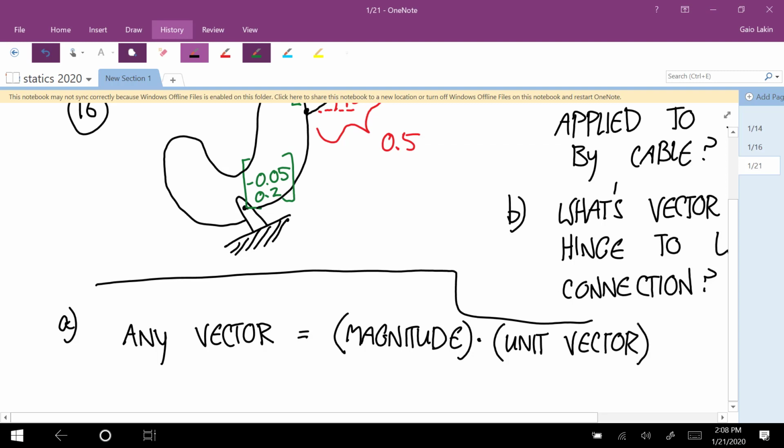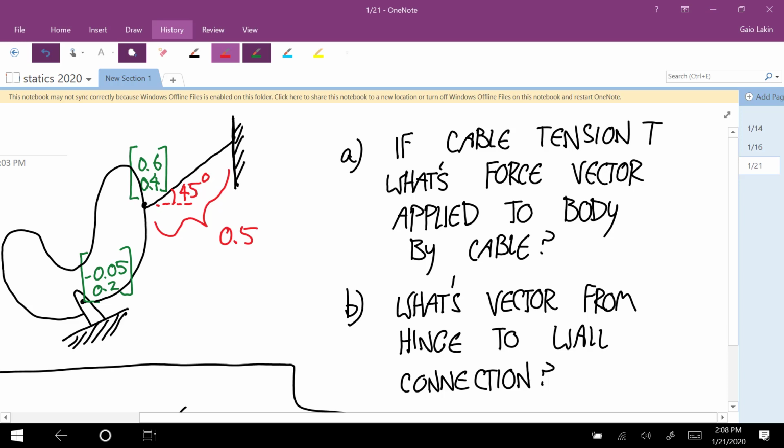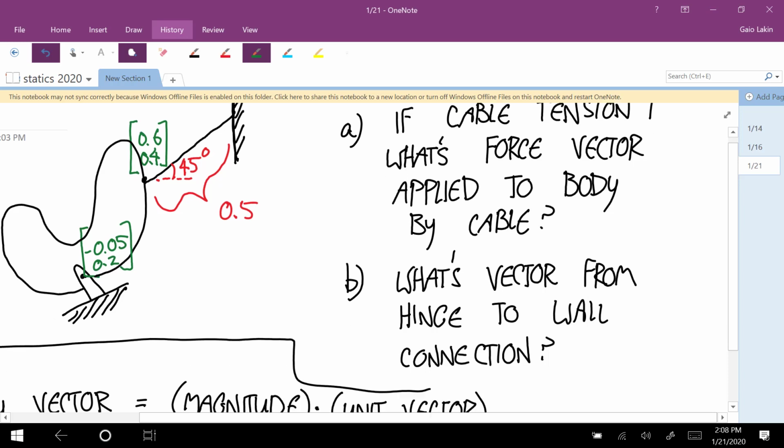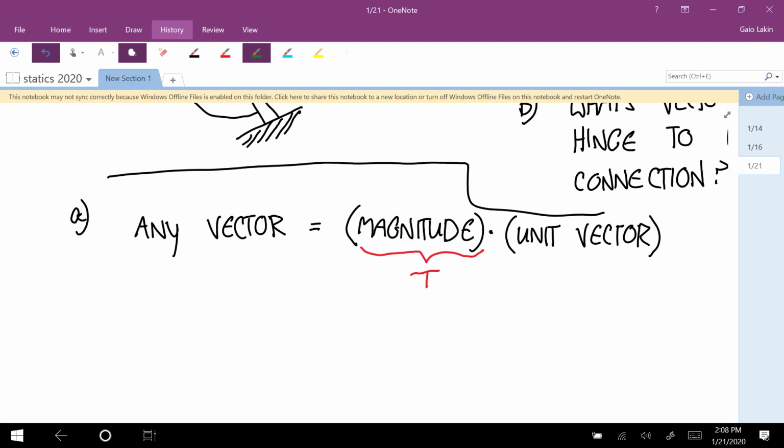The cable tension is the magnitude of the force vector. So we know that this magnitude is just going to be this variable T. That's what it says. So now we have to come up with the unit vector. And there are two ways to come up with a unit vector. That's all we need now to come up with that force vector.